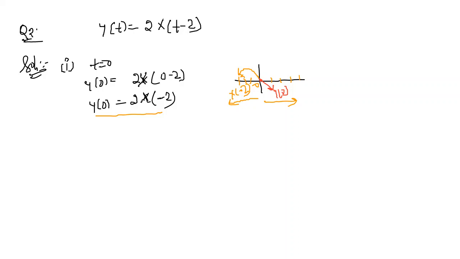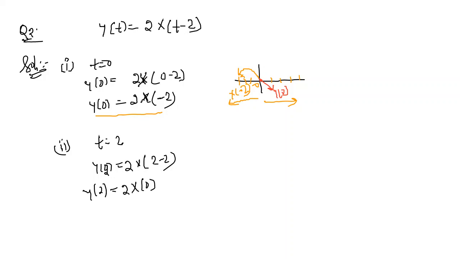I take one more case here. t is equal to, let's suppose, 2. So y(2) is equal to 2x(2 minus 2), which is 2x(0).